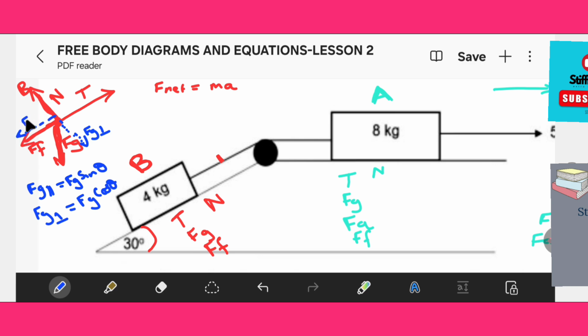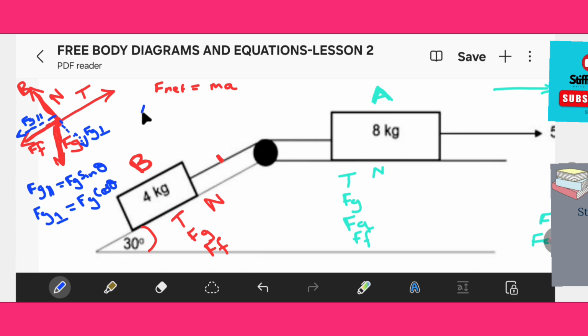So this is our Fg parallel. Now to formulate our equation of motion, we can see that we have three forces acting parallel to the plane. You can see that: 1, 2, 3.